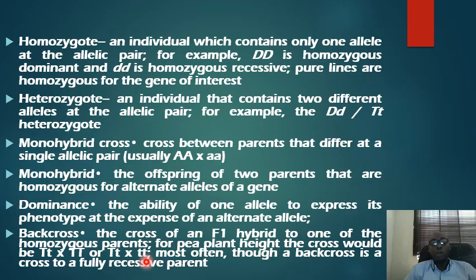The backcross is a cross to the fully recessive parent or recurrent parent, as the case may be. This differs from test cross, which is a cross between an individual of unknown genotype with the homozygous recessive parent.